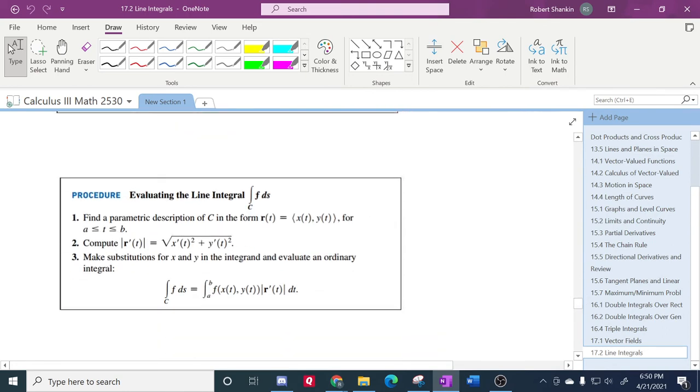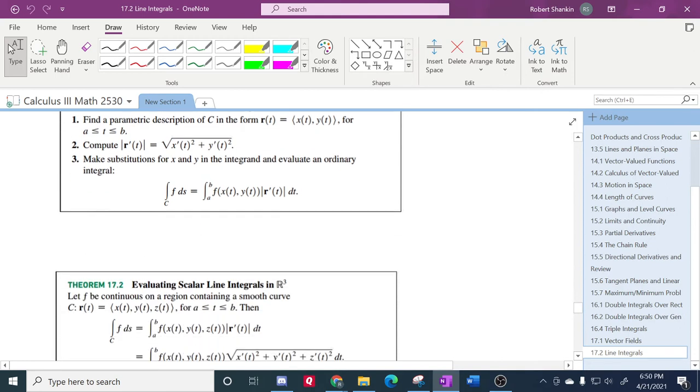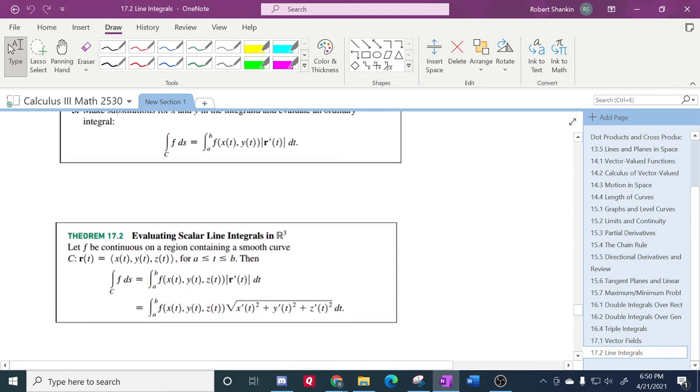All right. Evaluating line integrals, scalar line integrals in R3, we can extend this further so that we have a four-space function, like W is a function of x, y, and z. And then everything just kind of naturally extends.